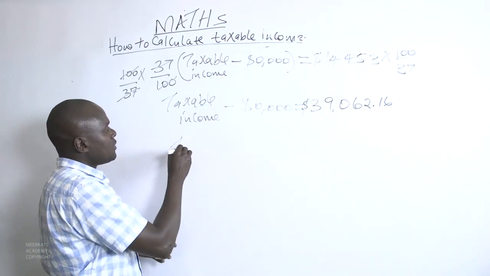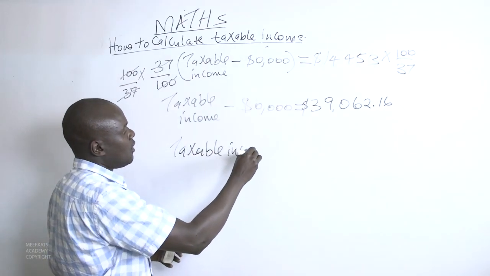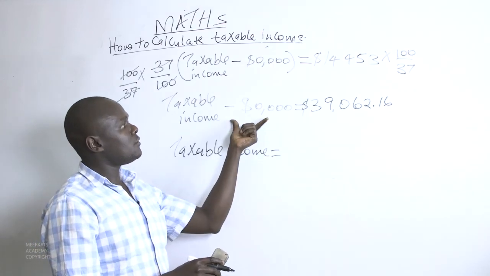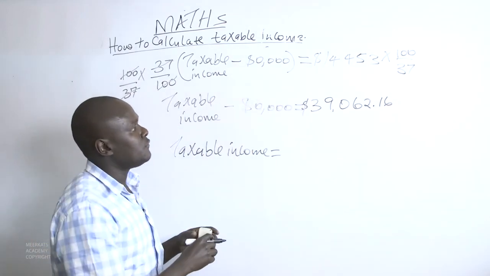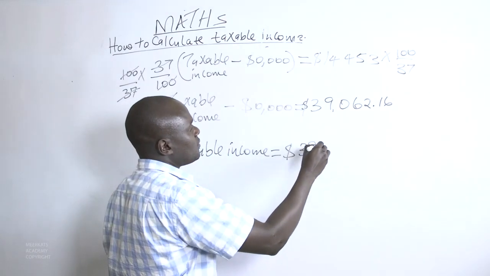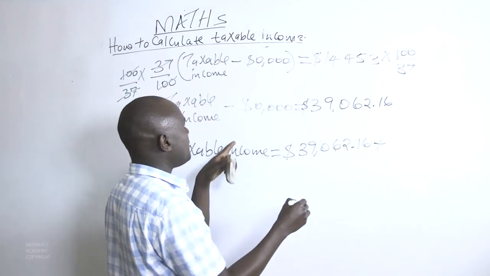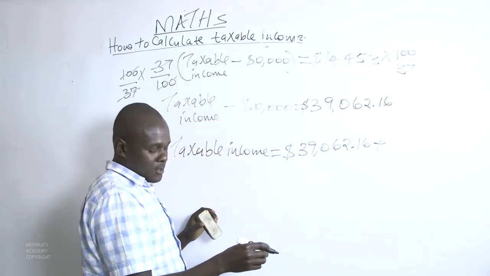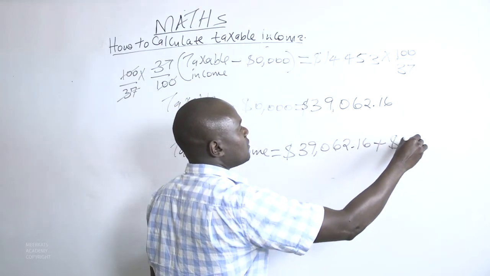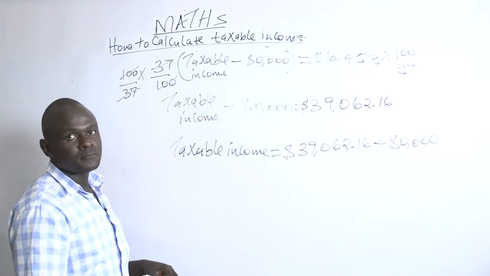So our taxable income will be equal to, we take this from the left hand side to the other side of the equation, 39,062.16 plus, remember it is negative, so when it goes to the other side it becomes positive, plus 80,000.